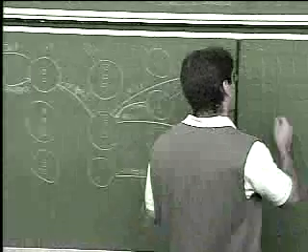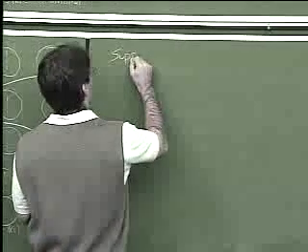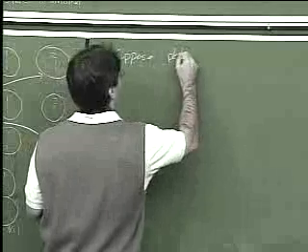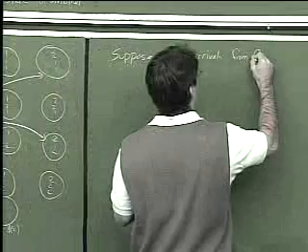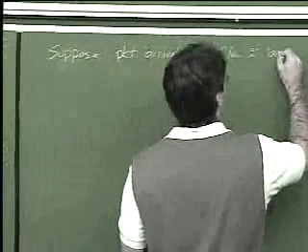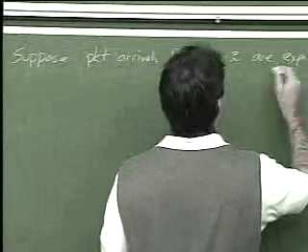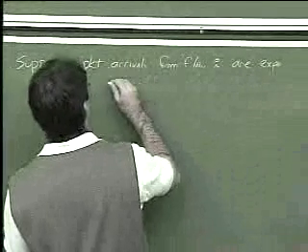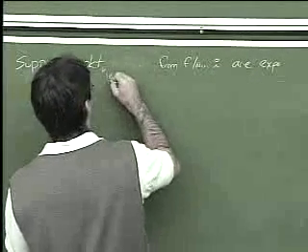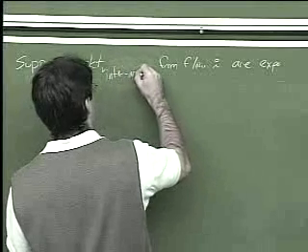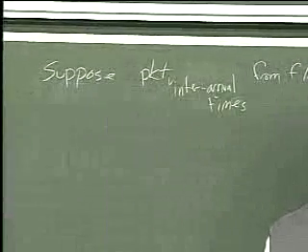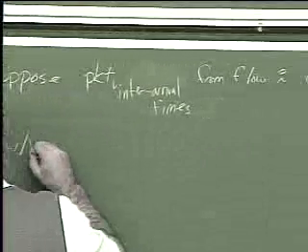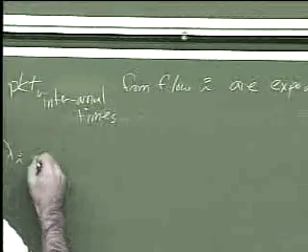Suppose I were to ask this question. Suppose packet arrivals from flow i are exponentially distributed with rate lambda i.